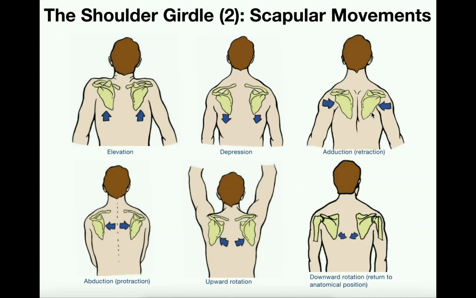The way to think about this is, if you're moving both humeruses in the direction behind your body, and the scapula didn't move, the head of the humerus would kind of crash into the scapula, and that wouldn't be good. So in order to make way for the head of the humerus, both of these scapula have to move toward the midline, or retract, which is called scapular adduction, though I'll usually refer to it as retraction of the scapula.